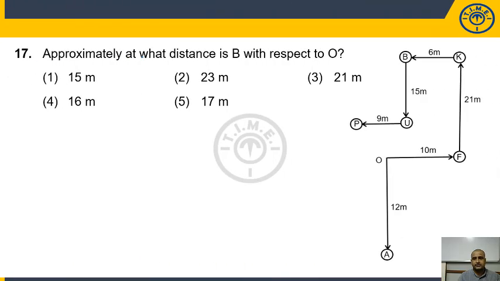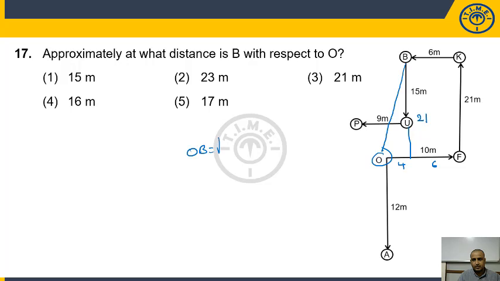Approximately at what distance is B with respect to O? So O is here, B is here. We have to identify the distance between these 2 points. Up to here it is 6 and the remaining is 4. This entire distance is 21. So I have to identify OB.